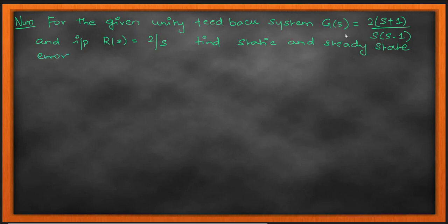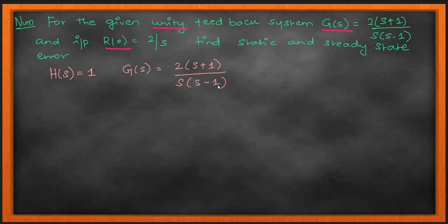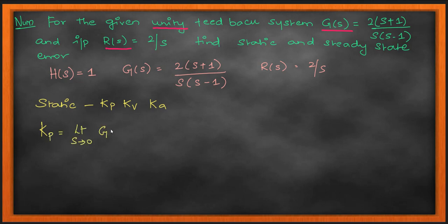Now we need to find the static and steady state error. When the question says static error, they're asking us to find Kp, Kv, and Ka. Those are the 3 static error constants we have seen. Then for your steady state error, you need to find ESS. We'll be using the limit S tends to 0, S into E of S for our steady state error.